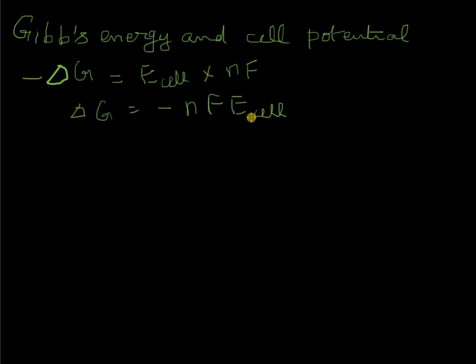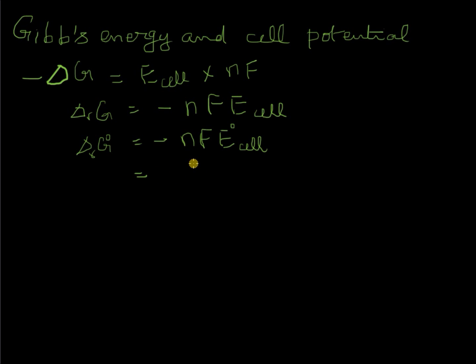Then if this cell is under standard conditions with all the solutions at unimolar concentration, we can write delta G naught for the reaction as minus nF E naught cell.